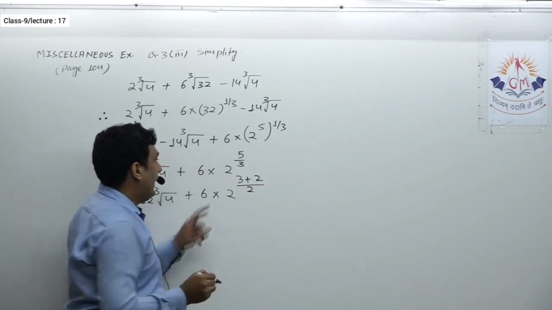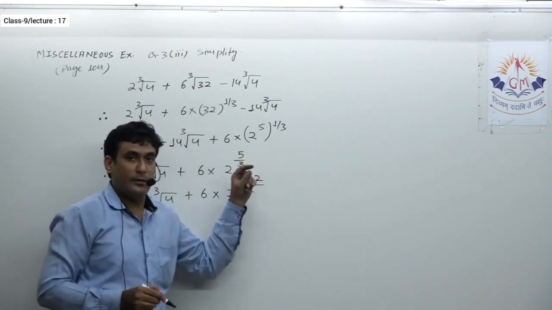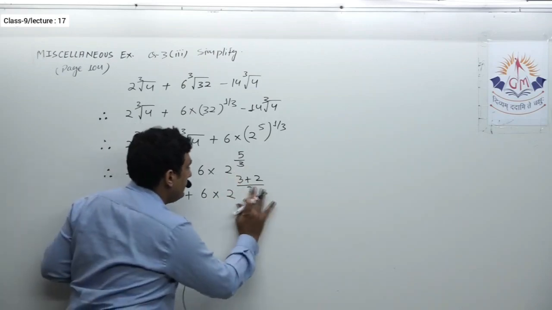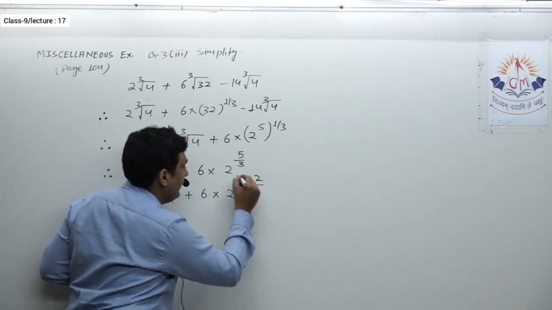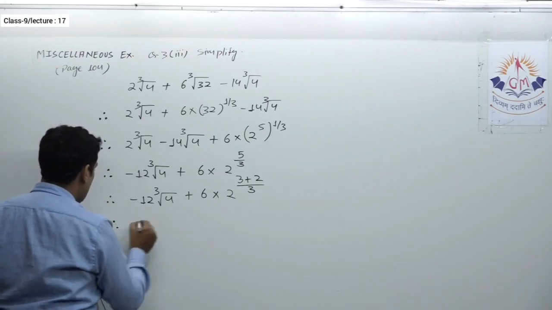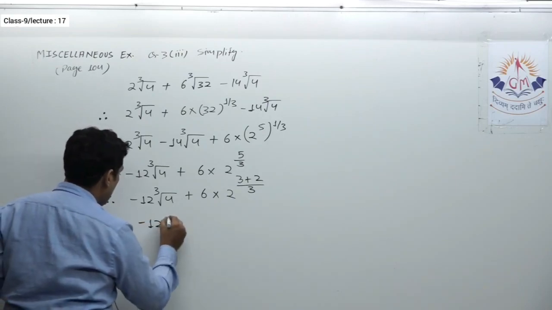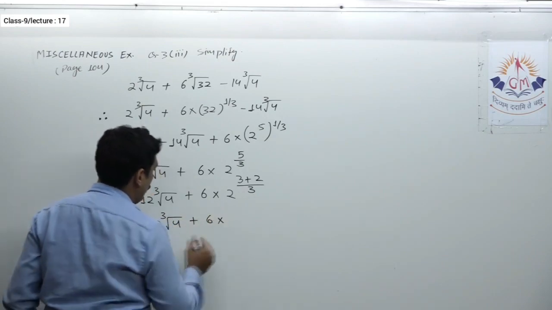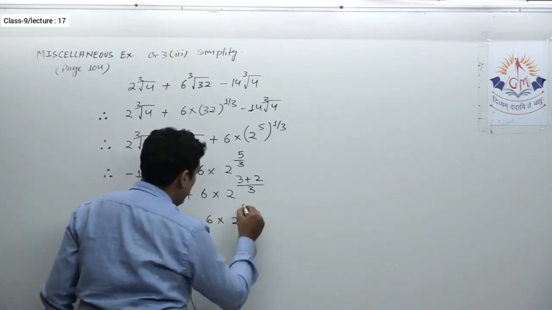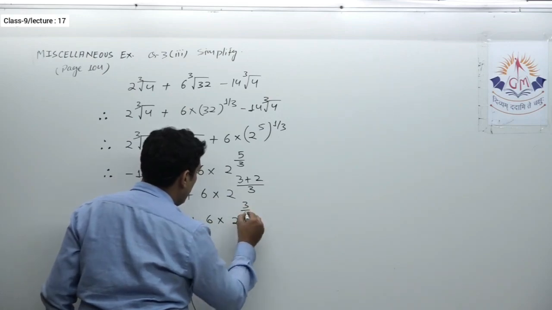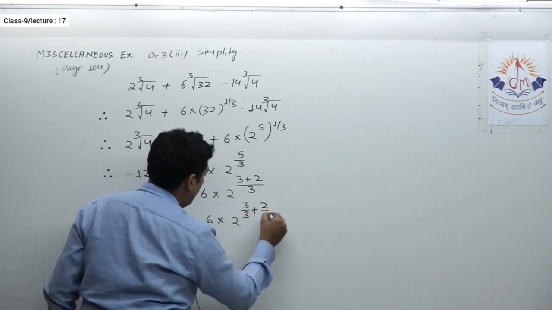I have to break the numerator in such a way that one term is a multiple of the denominator. The denominator is 3, so I wrote 3 plus 2 by 3. So this can be written as 2 raised to 3 by 3 plus 2 by 3.